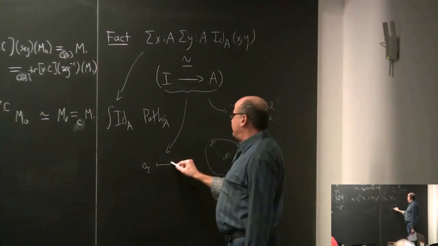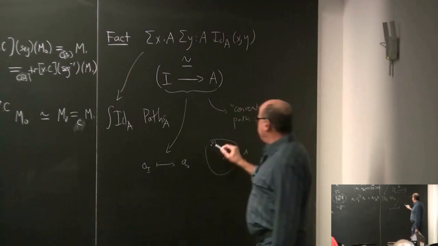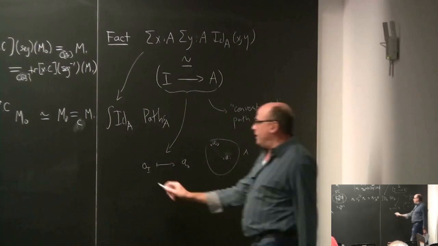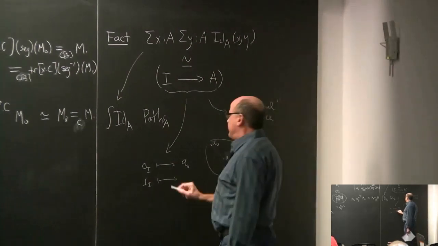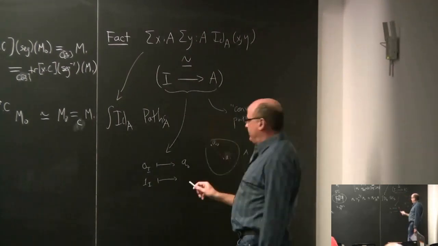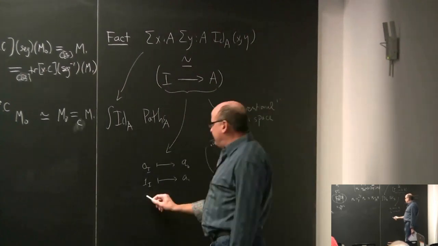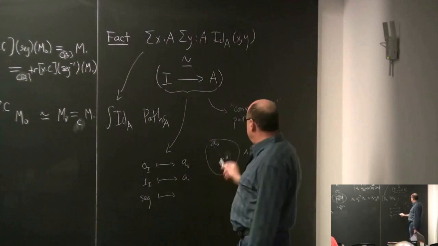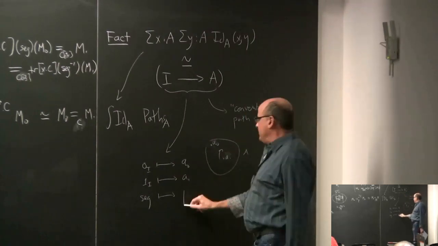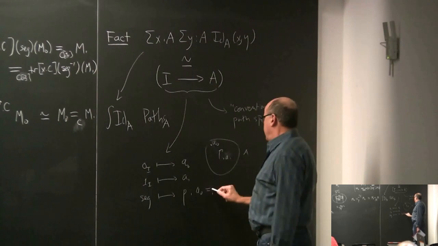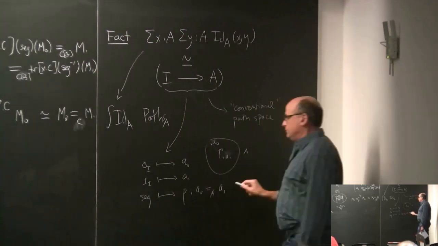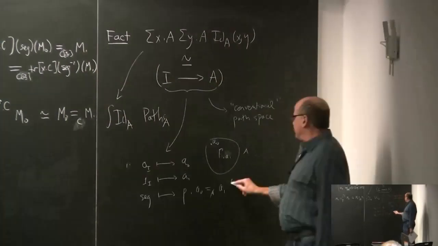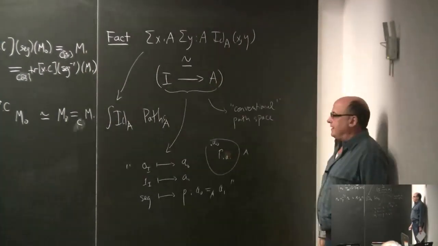It tells me what to do with the endpoint: let's call that A naught. This would be A1. It must be given this way because the uniqueness property of the mapping out tells us that. And it must turn the segment into the path in question. Let's call that P, which is a path between A0 and A1. That's the intuition, right? So we say this data must be given like that.